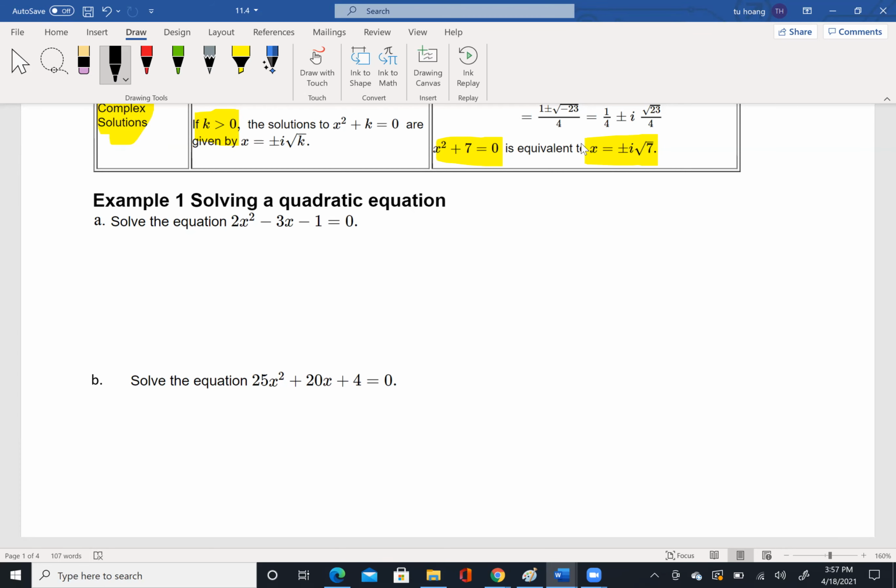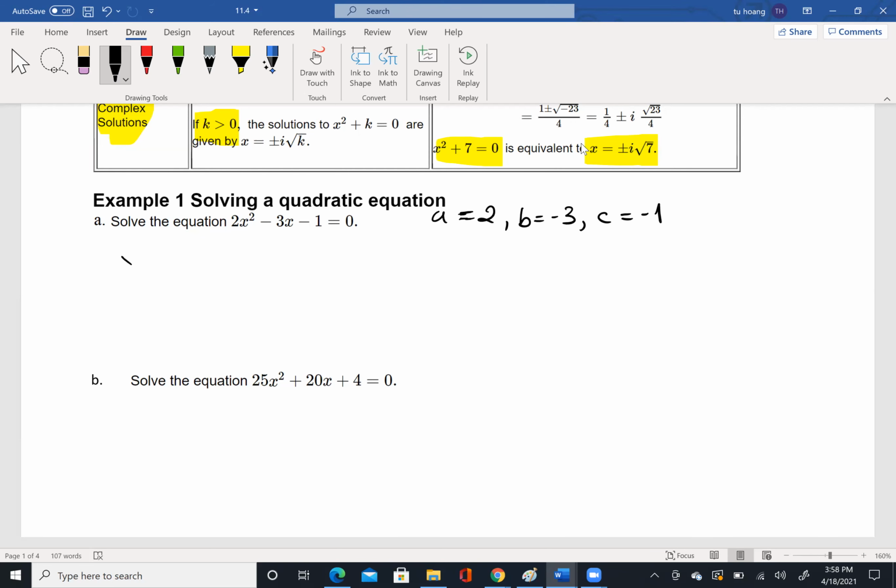Let's list out a equals 2, b equals negative 3, and c equals negative 1. Then I apply the quadratic formula.